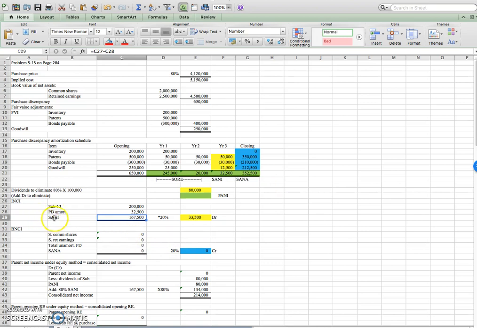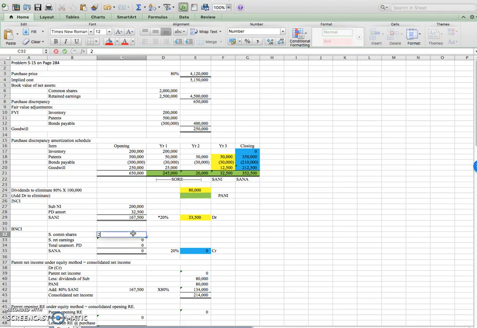That will give us our sub's adjusted net income of 167.5. Remember, 20% of it is related to the non-controlling interest party. So that means we will have a debit on our books of 33,500. Let's move on now to our balance sheet non-controlling interest.